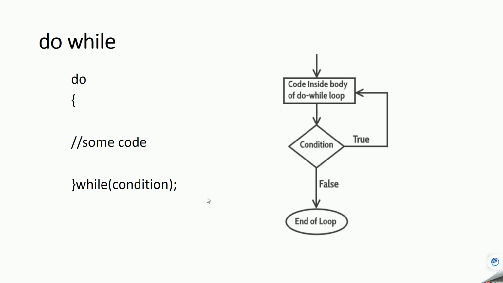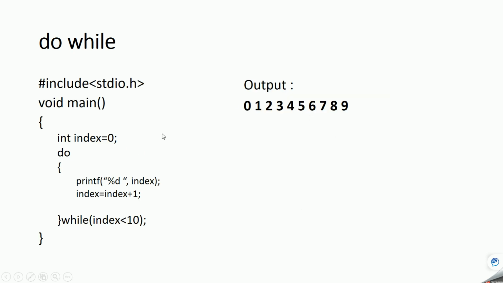So let's see it by an example. In this case we want to print numbers from 0 to 9. We are starting from index equal to 0, and then we have do, and inside the body we have printf percentage d index.